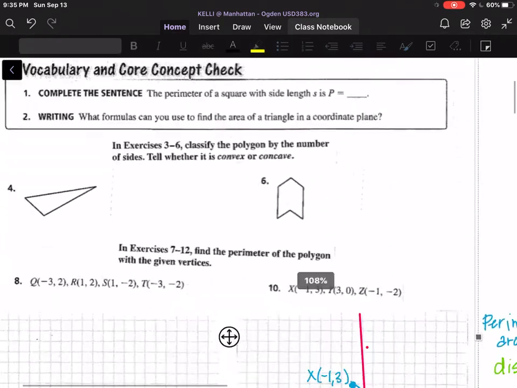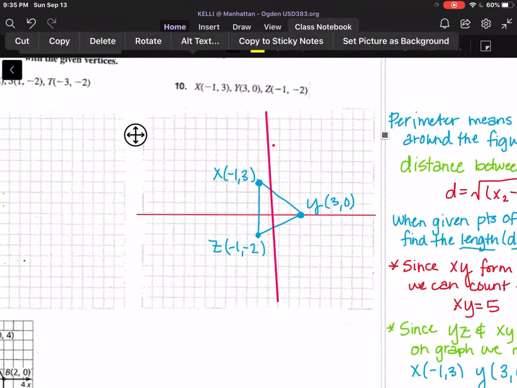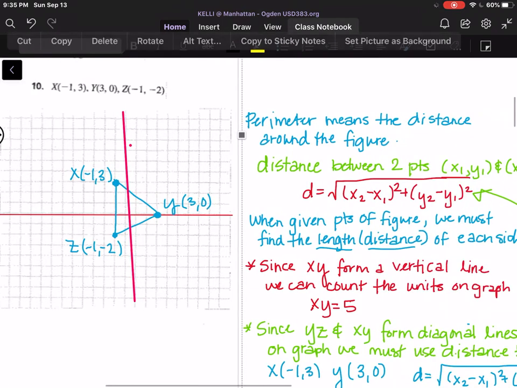Anyway, okay. My x-axis is supposed to be right here. It's not supposed to be crooked like that, but you can see that I've got my points drawn for x, y, and z. And the deal is, for perimeter, remember that means the distance around the figure.